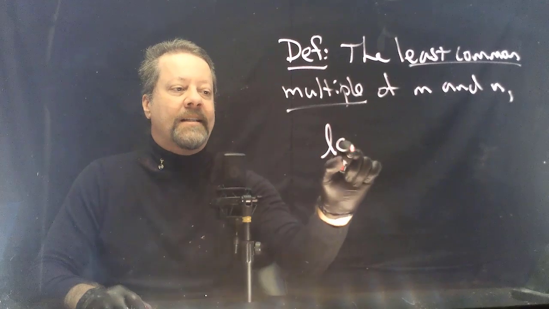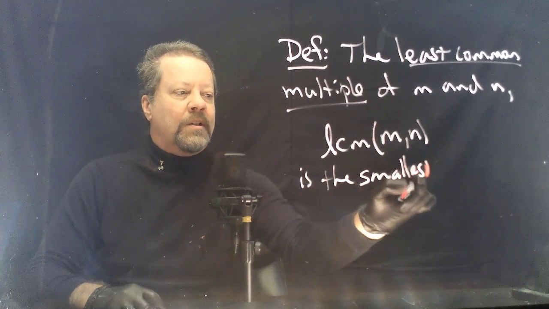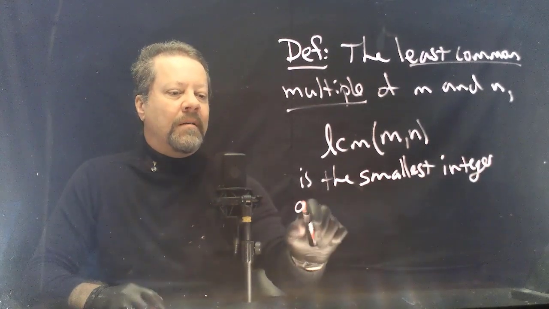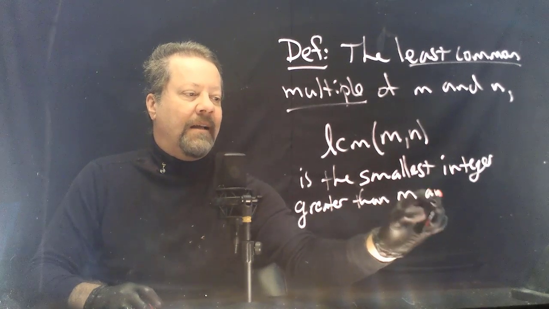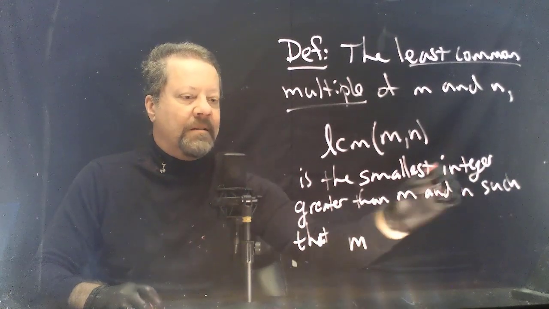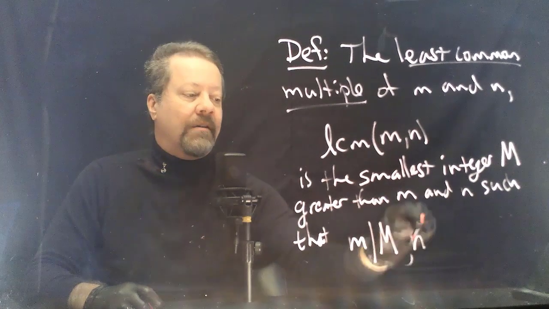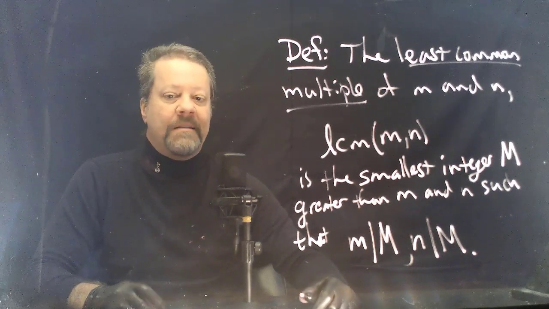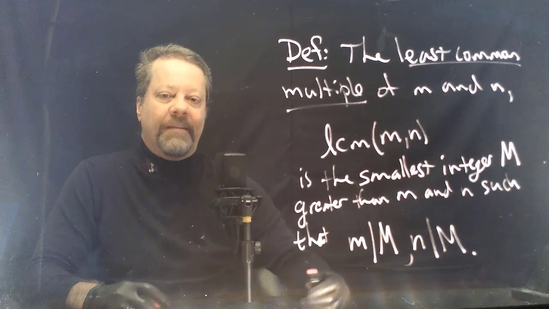Here we're going to say LCM of m and n is the smallest natural number, or integer, greater than m and n, such that M divides big M, and n also divides big M. So big M is going to be the smallest number bigger than or equal to m and n, and m divides big M, and n divides big M as well.